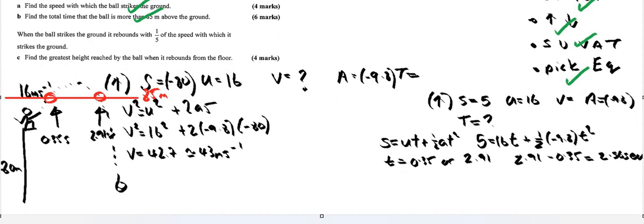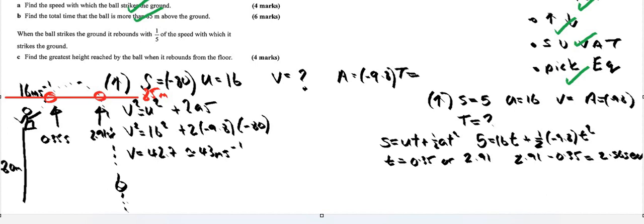Okay, so again, still got the same initial conditions. V is going to be 43. So then when that ball bounces, the initial speed here is going to be equal to the V here.